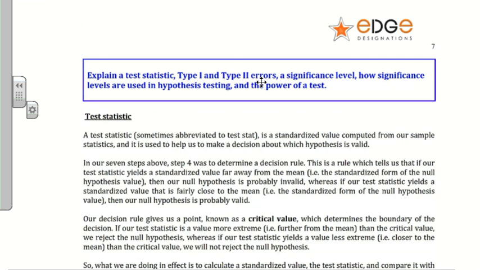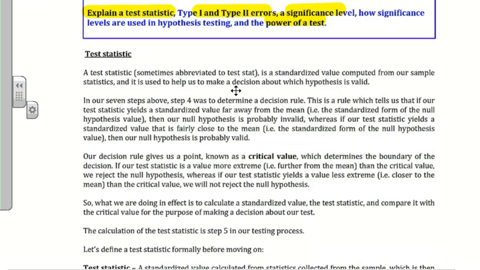Page 7 says explain a test statistic, type 1 and type 2 errors, levels of significance, and the power of a test. And what's interesting is this thing called the test statistic, and I'm going to give you its formal value.